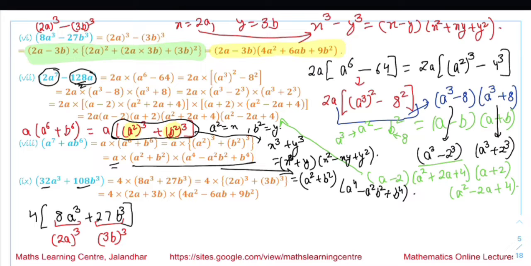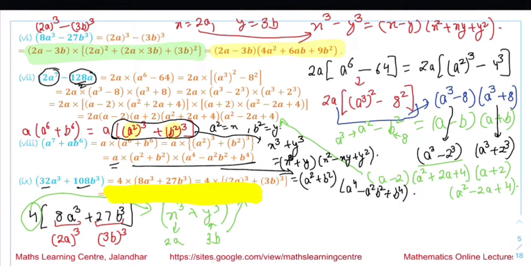Now it is the direct application of the formula x cube plus y cube. 4 is already there, and the value of x is 2a, the value of y is 3b. You apply this formula and you will get the answer in this form.